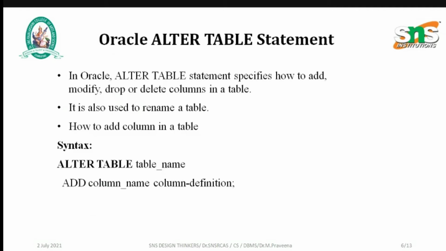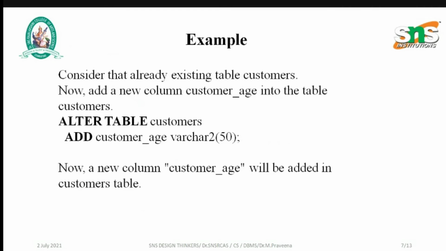Alter table, table name. Which table do we need to alter? We can give alter table, table name, add column name, column definition. For example, if we are using customer, then we can give alter table customer, add email ID, and the column definition can be varchar too. Likewise, see the example given.